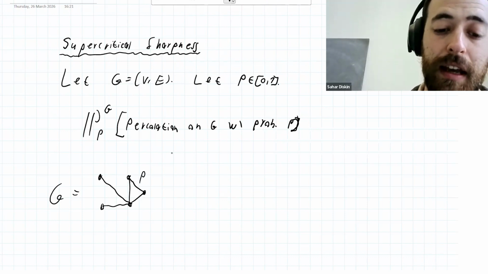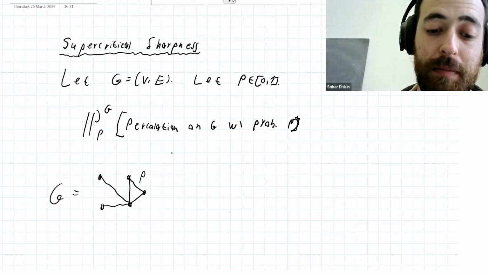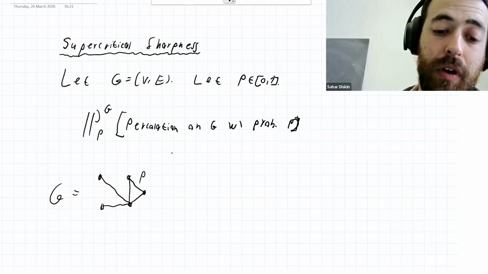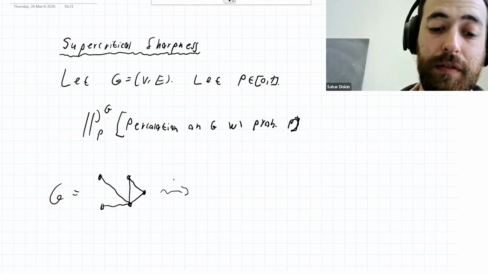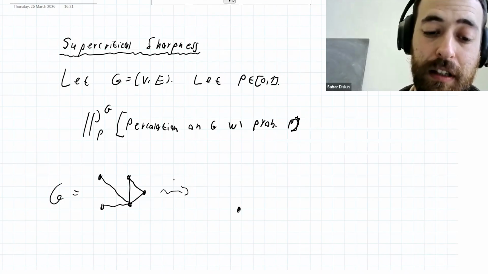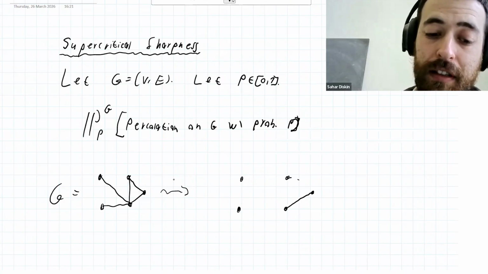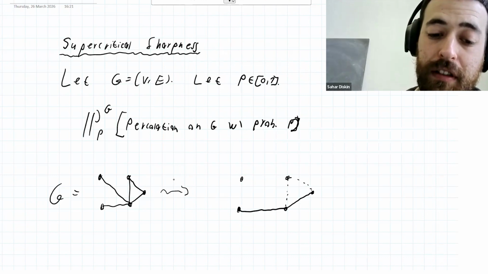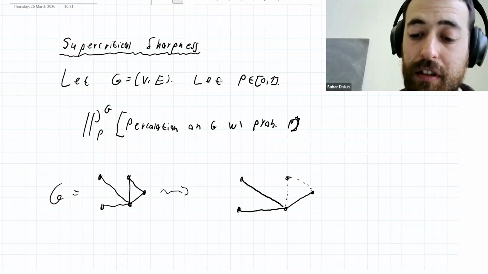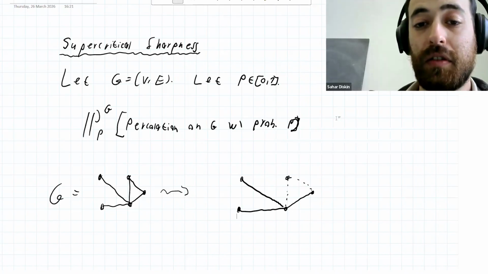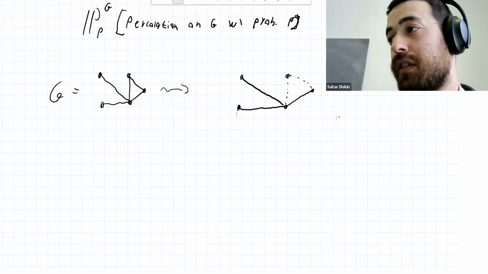With probability P, I retain it, and with probability 1 minus P, I don't retain it. After taking this random subgraph, I obtain something different. I still have the same set of vertices, but now say this edge survived, this edge didn't, this edge didn't, this edge survived, and this edge survived. So every edge either survives or does not.